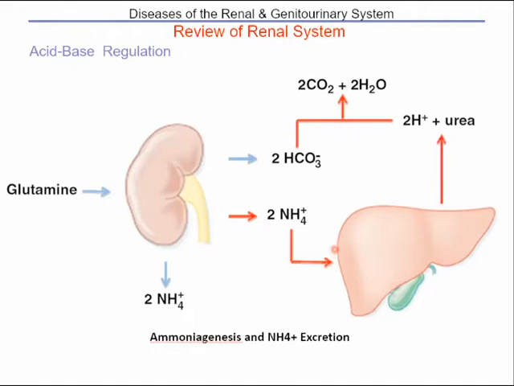Also, this figure shows what happens to your ammonium ions that are returned to the blood rather than being excreted in the urine. So when this happens, the ammonium ion is converted to urea by the liver, and in that process, hydrogen ion is generated. So this hydrogen ion is buffered by your bicarbonate, and thus will negate the process of the renal production of new bicarbonate.